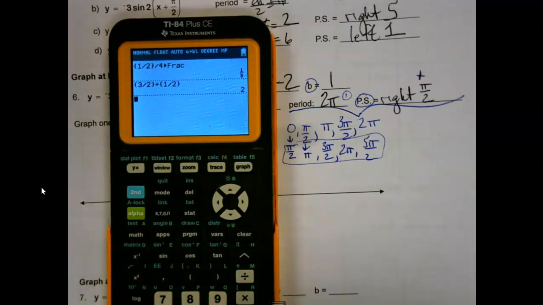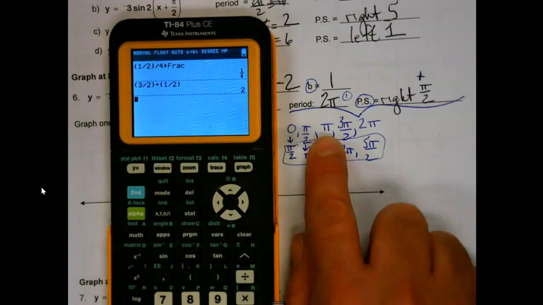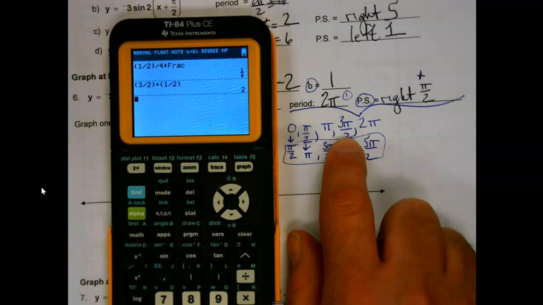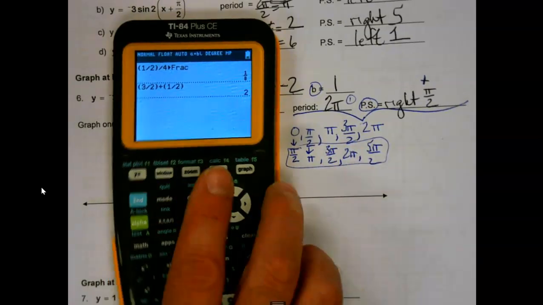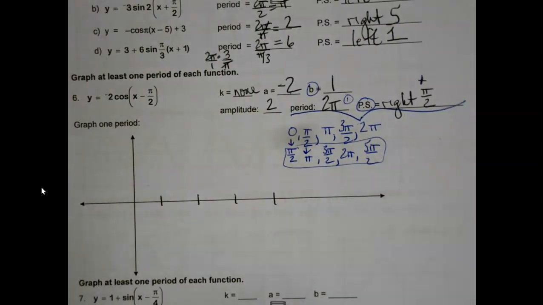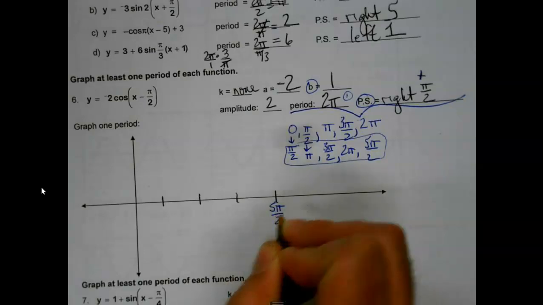Think of it without the pi at the beginning, if that's what's holding you up, and then just add the pi back in at the end. It's like saying 1 plus 1/2 is 3 halves. 3 halves plus 1/2 is 4 halves. It's the exact same thing down here. It's just we're shifting to the right. So there's my points. So 5 pi over 2.